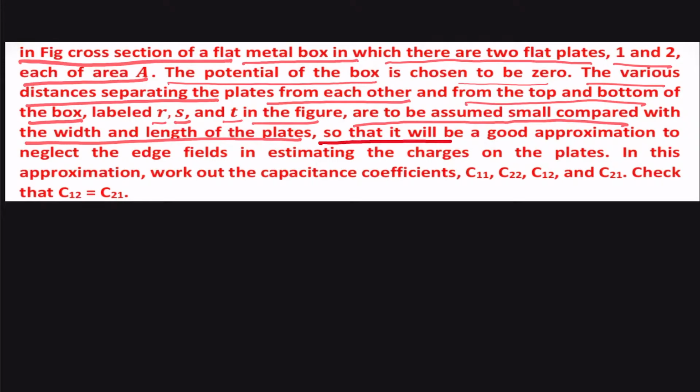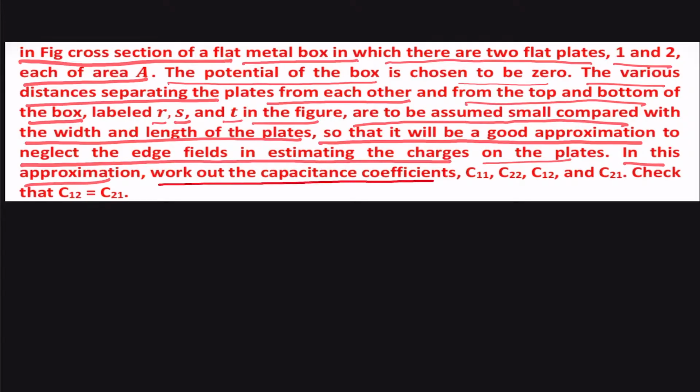So it will be good approximation to neglect the edge fields in estimating the charges on the plates. In this approximation, work out the capacitance coefficient C11, C22, C12 and C21 and check that C12 is equal to C21.